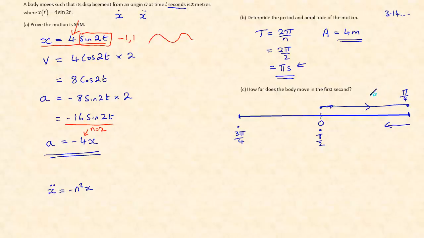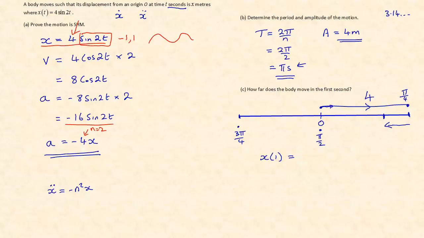So we know the amplitude is 4, so this is 4 meters out to here. So if we now work out x of 1, that will tell us where it is on the line on the way back. Remember, pi by 2 is 1.5 something, so it's certainly not getting back as far as O.